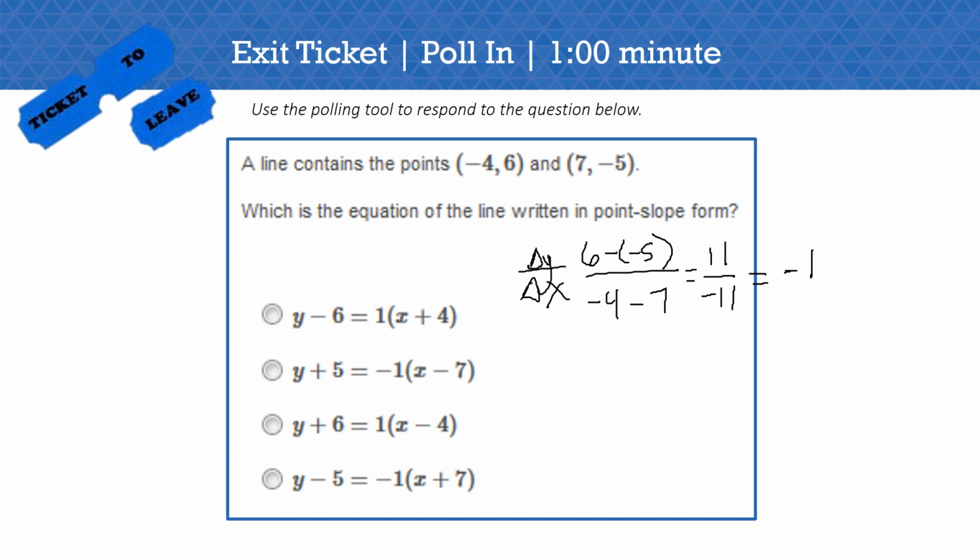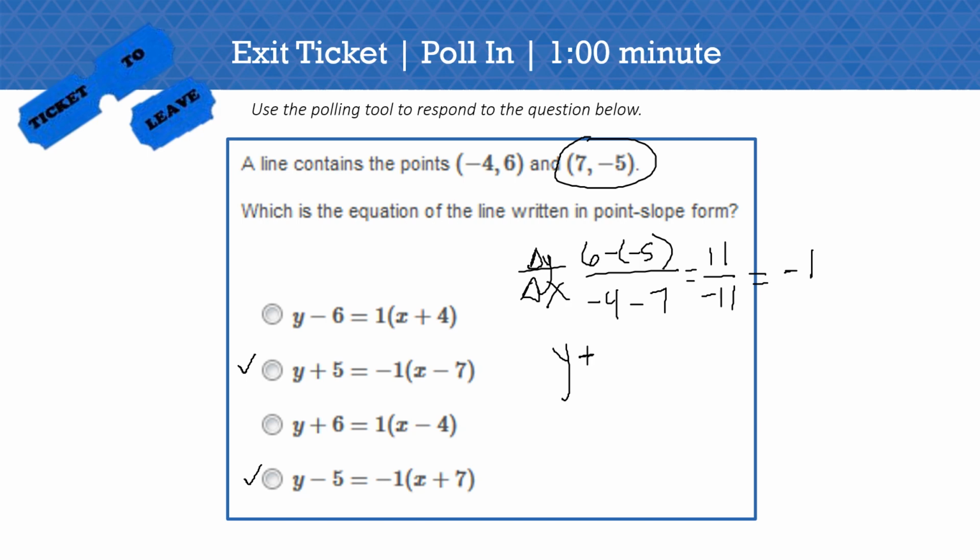So right away, I'm looking for where I see a -1. It's here and here. Okay, now that I have my slope, all I have to do, friends, is choose one point. Well, I can see they used a 7 and a -5, so I'm going to focus on this point here. And here is what it would look like. Y minus my y coordinate, which is a -5. So what does that mean?